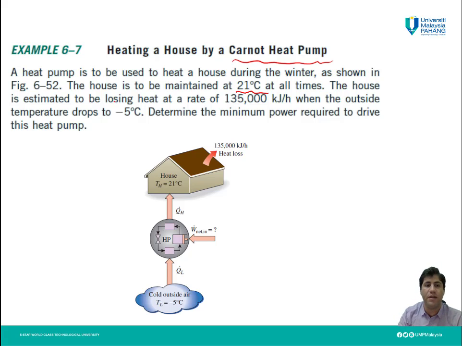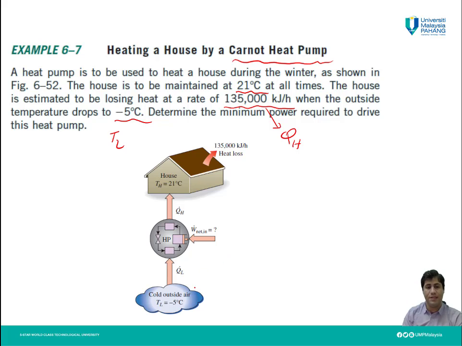The house is estimated to be losing heat at a rate of 135,000 kilojoule per hour, or Q. This is the heat loss from the house when the outside temperature is negative 5 degrees Celsius. This is TL, this is QH. Determine the minimum power required to drive this heat pump.